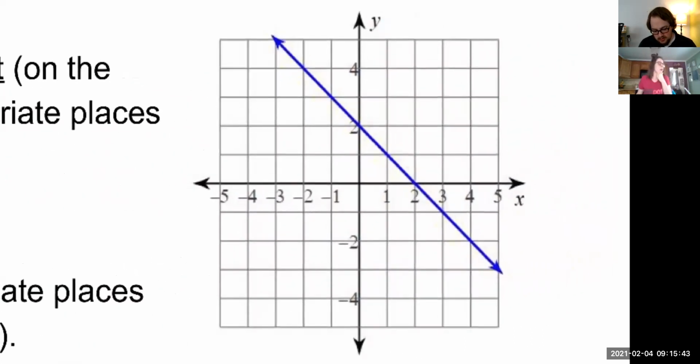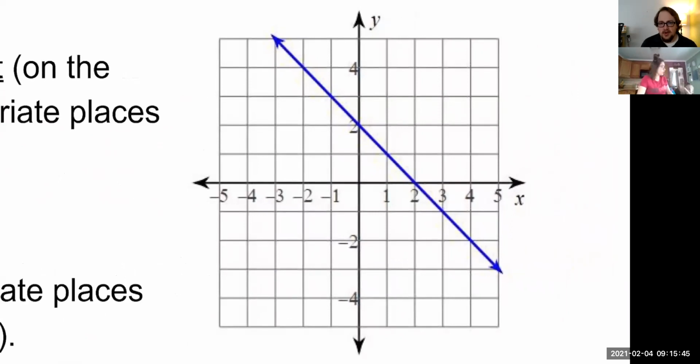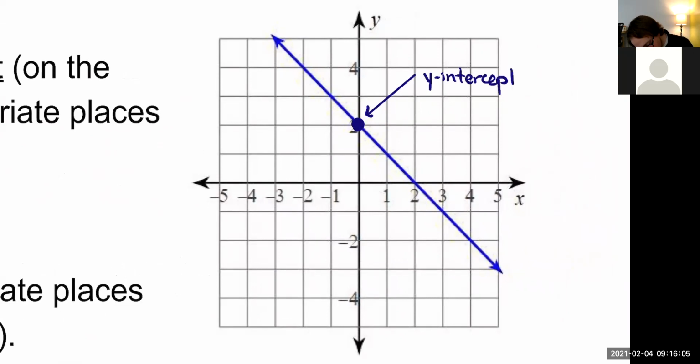So if I bring this coordinate plane up again with our line, very quickly, hopefully, we can spot that the y-intercept, so the point where our line crosses the y-axis, is right here at +2. So our y-intercept is +2.